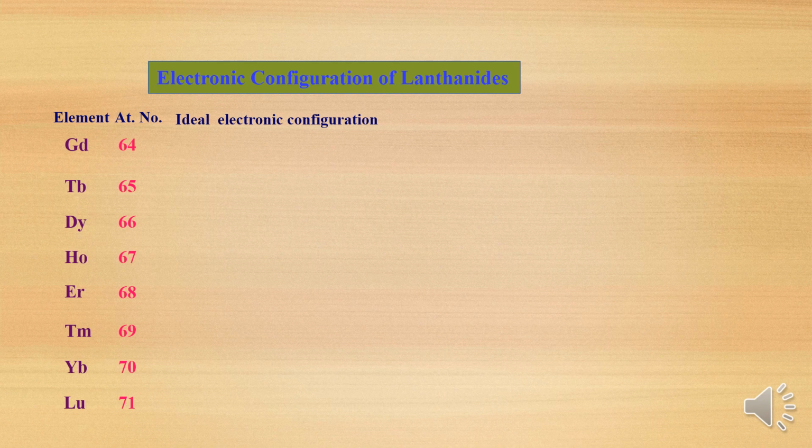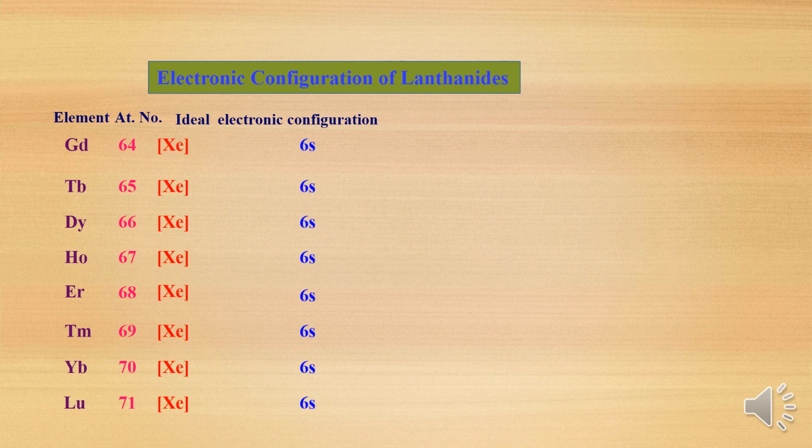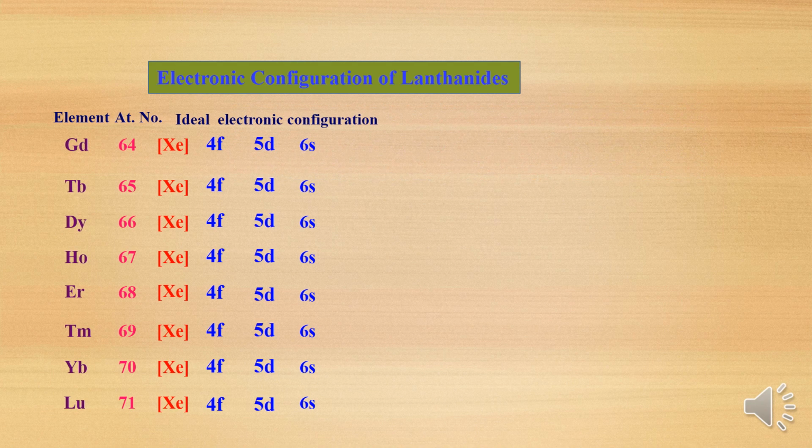As usual, according to the increasing order of their energy level, the ideal electronic configuration: xenon is the nearest noble gas, atomic number 54. Then the same way, 6s2, 5d1, 4f7. As the atomic number increases, only electrons in the 4f level increase. That is the ideal electronic configuration.